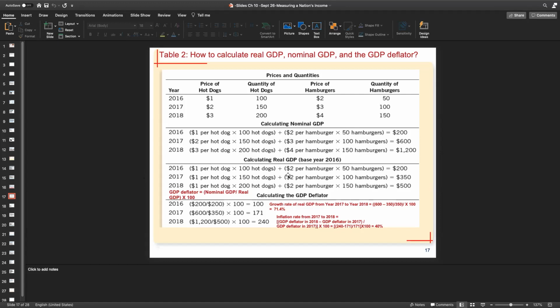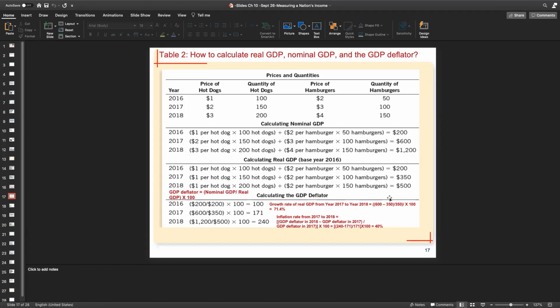So multiplication and summation gives you $200 in 2016, which is the base year, so the real and nominal GDP are the same. In 2017, the real GDP was $350, and in 2018, the real GDP was $500, which shows the difference between nominal GDP in 2018, 1,200, and real GDP, 500.